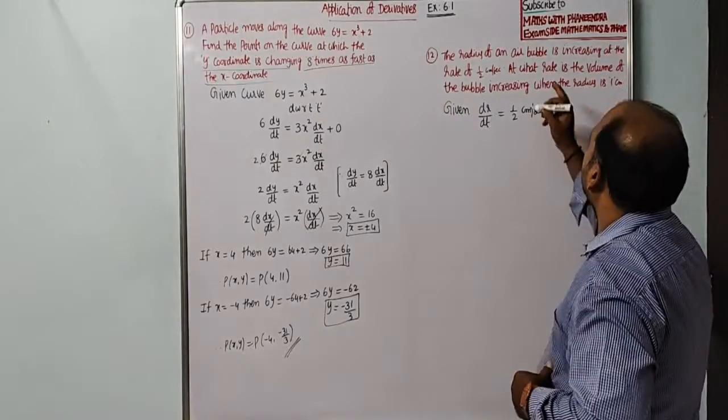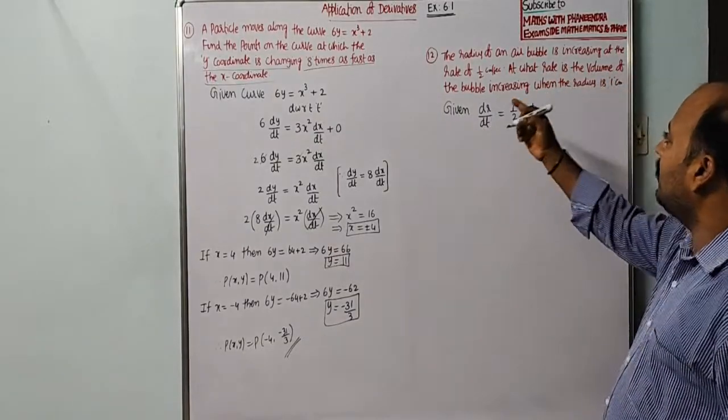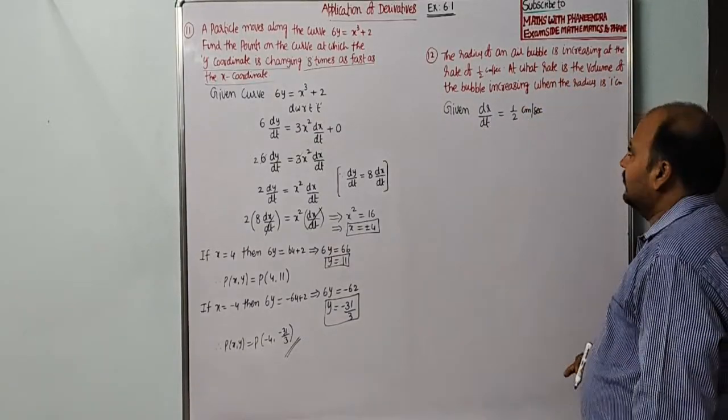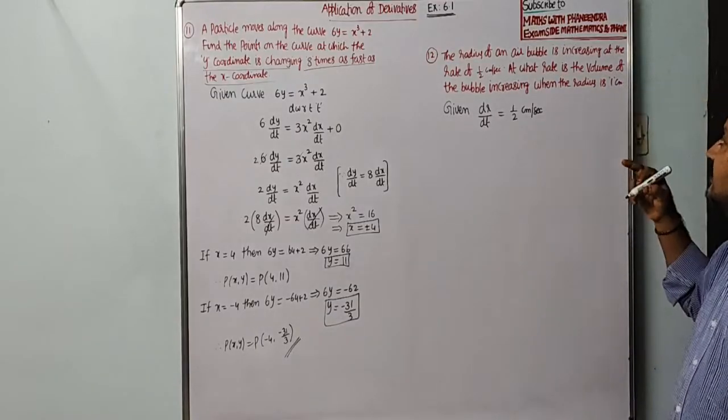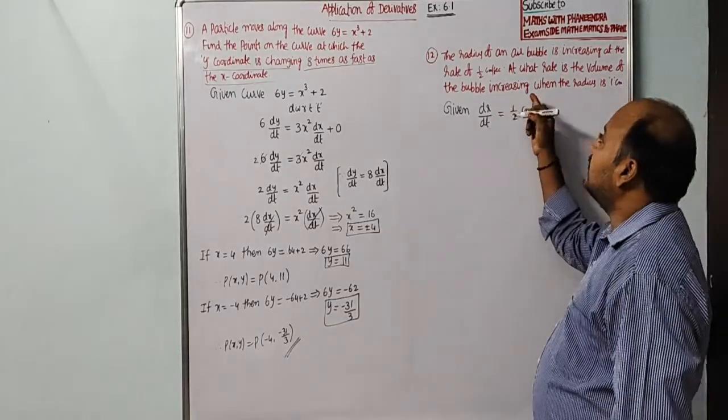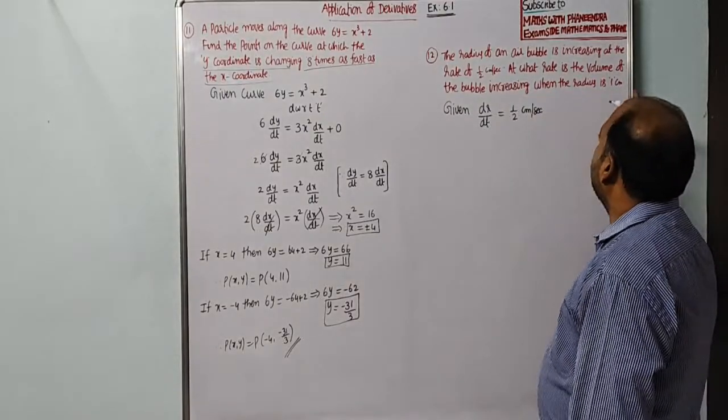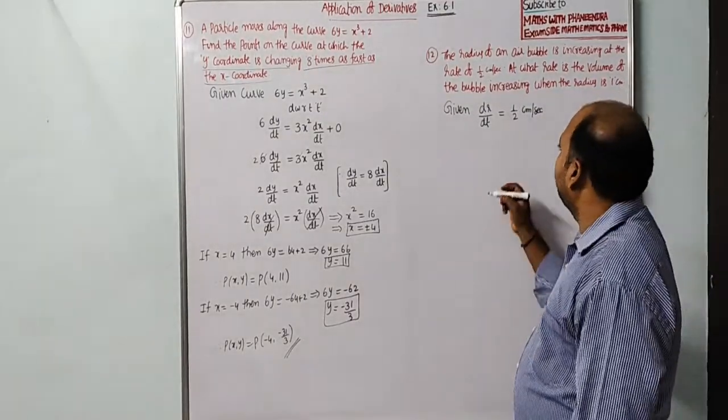After that, at what rate is the volume of the bubble increasing? When the radius is 1 centimeter.